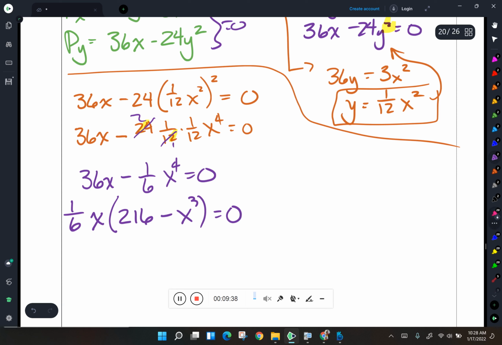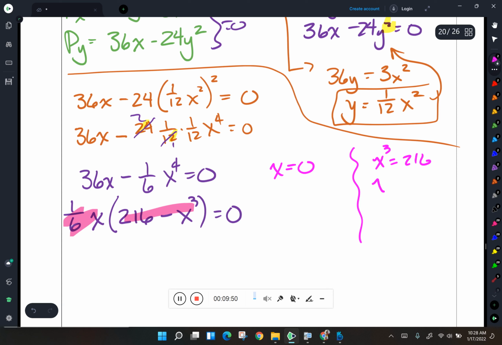And now I've got the zero product principle, so either that's 0 or that's 0. If the first one's 0, that would mean that x is 0. And if the second one's 0, that would mean that x cubed equals 216, so x is equal to 6, I believe, right? 216 to the 1/3 exponent there, yeah, 6.